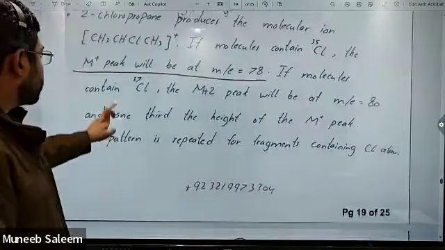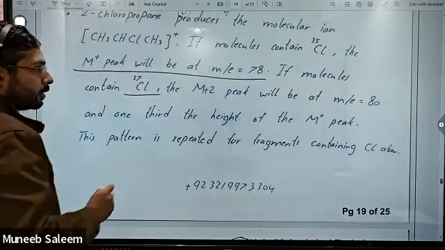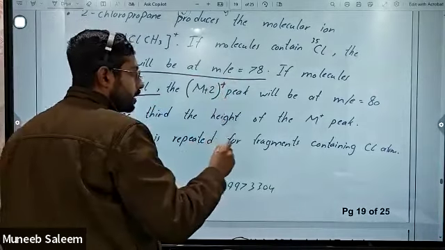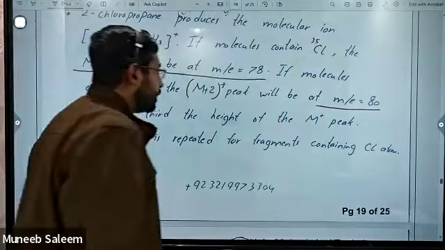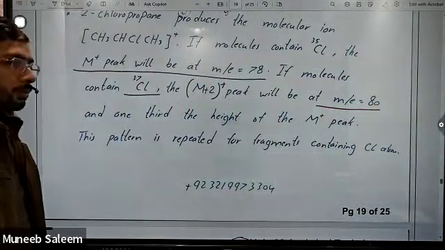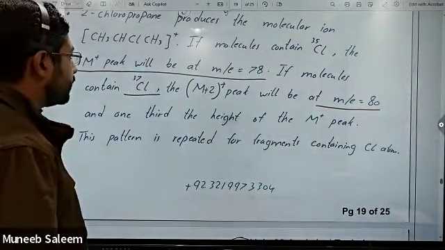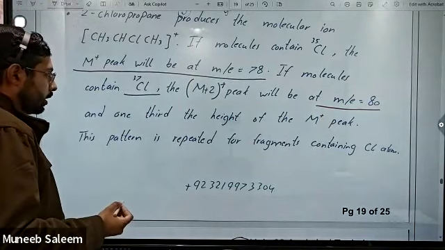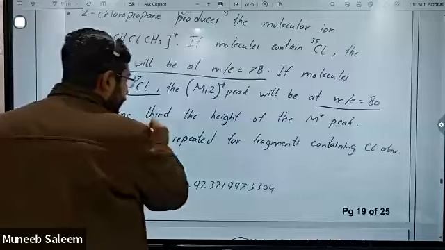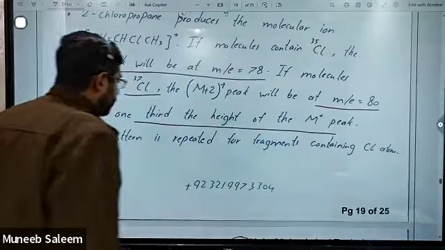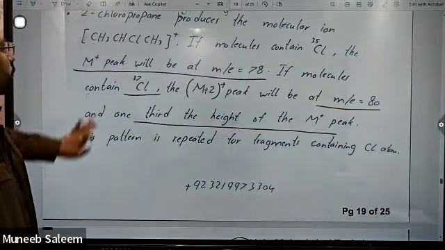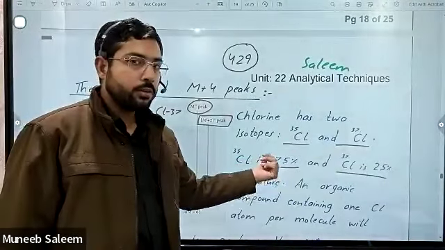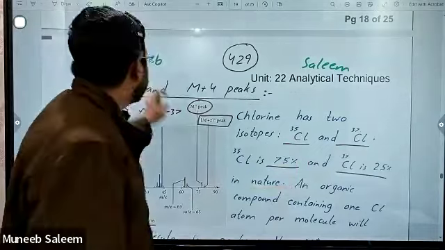But if the molecules contain chlorine 37, then the M plus 2 cation peak will be at an m/z value of 80, because it is an increment of 2. But there will be a difference in their height, or you can say a difference in their intensities. The M+2 peak will be present by 1/3 the height of the molecular ion peak. Why is it 1/3? Because you can see from here, chlorine 35 is 75% and chlorine 37 is 25%.